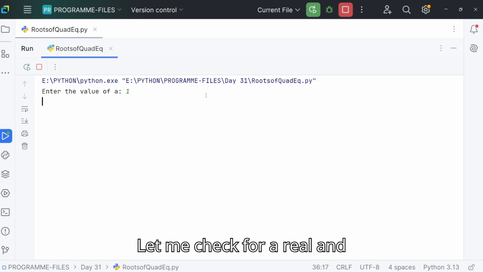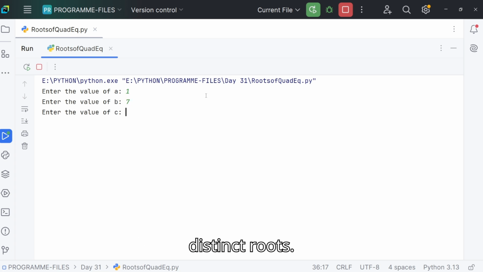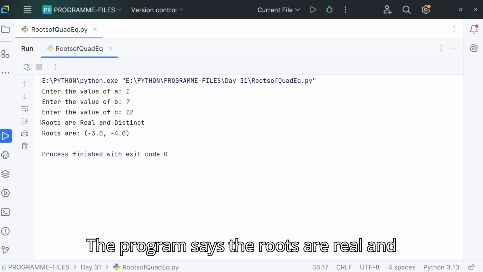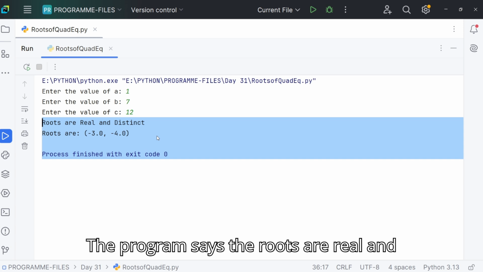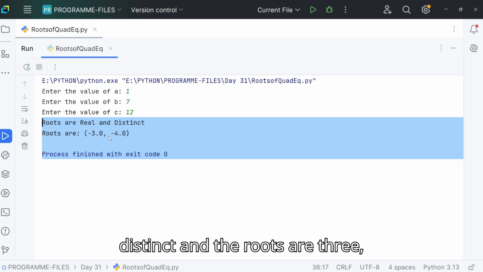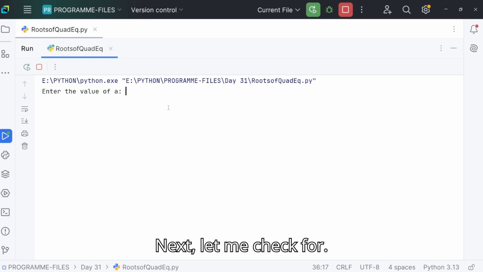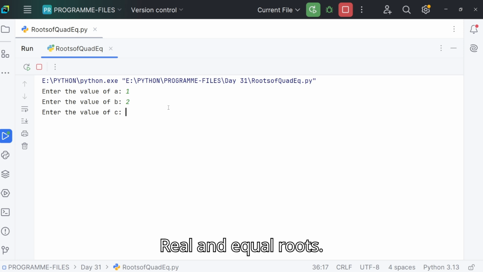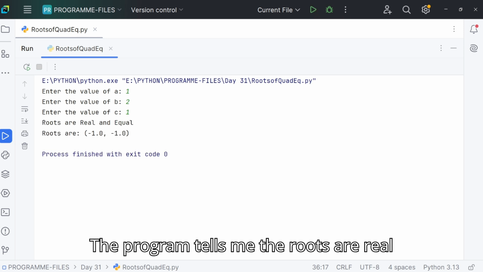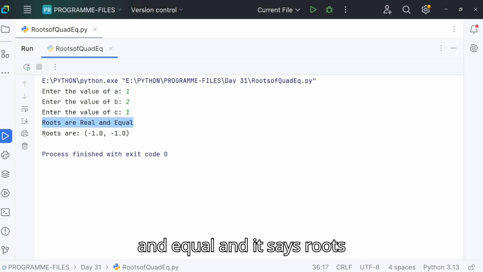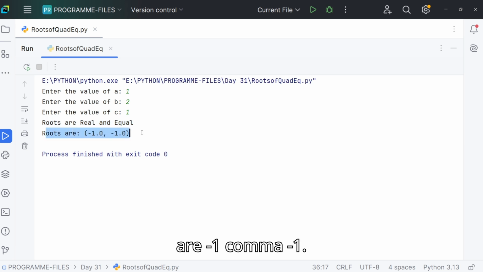Let me check for real and distinct roots. The program says the roots are real and distinct and the roots are minus 3, minus 4, right? Next, let me check for real and equal roots. The program tells me the roots are real and equal, and it says the roots are minus 1, minus 1.